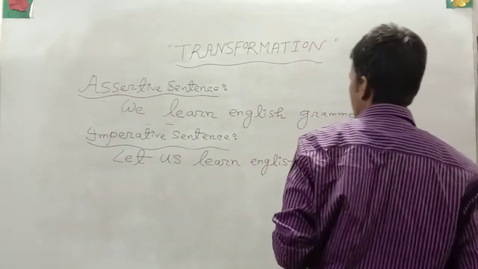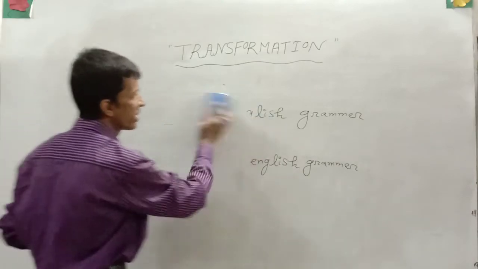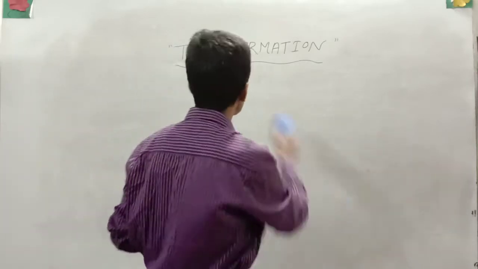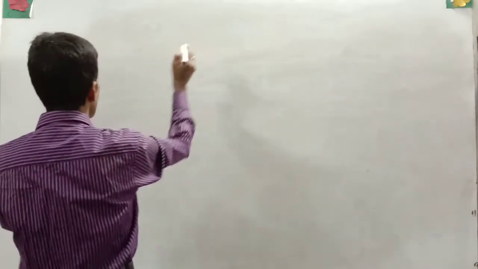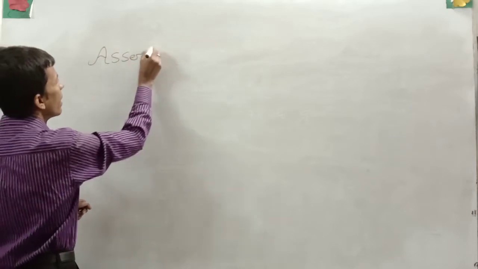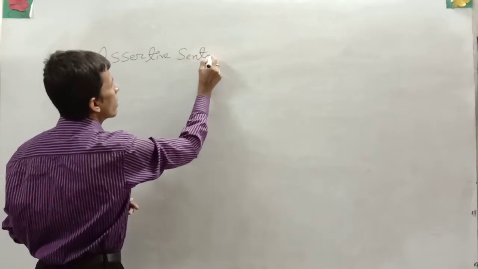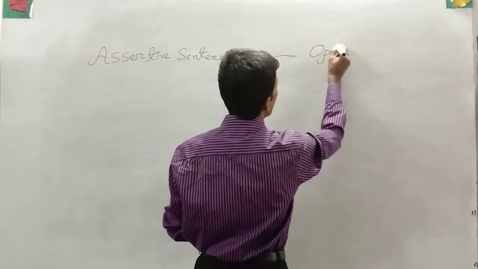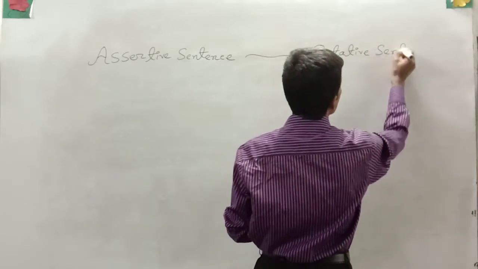In the next part, or second discussion, I will teach you in what way an assertive sentence can be transferred into an optative sentence. Look at the structure. On the left side, I am writing assertive sentence. And on the right side, I am writing optative sentence.